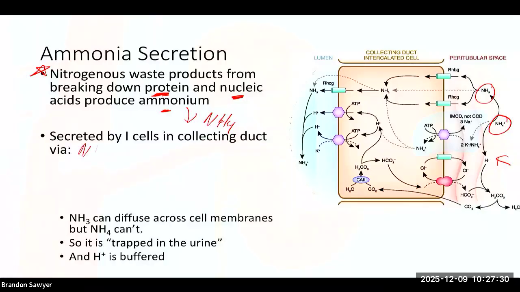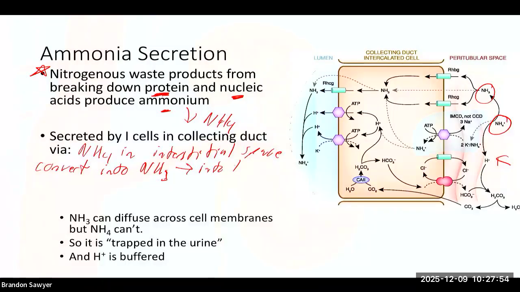So NH4 in the interstitial space, we're going to convert into ammonia, NH3. Then we can get it into those tubule cells.